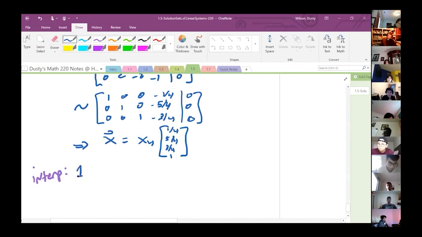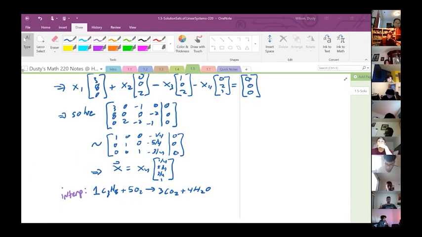So you have 1 C3H8 propane plus 5 oxygens goes to 3 carbon dioxides plus 4 waters.